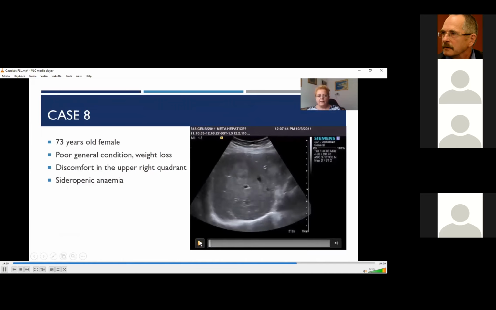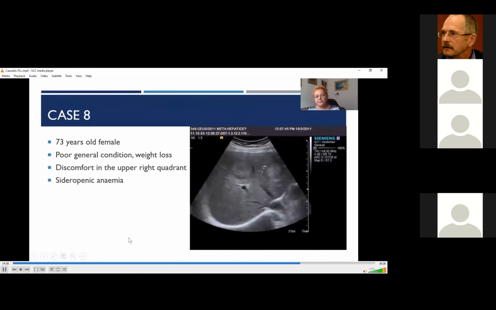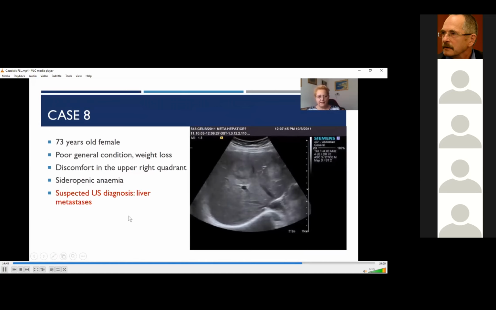We saw these bullseye type lesions, one here and one here, which are very suggestive for liver metastases. We also performed contrast-enhanced ultrasound that confirmed the diagnosis of liver metastasis, and by colonoscopy, we diagnosed a colonic cancer.